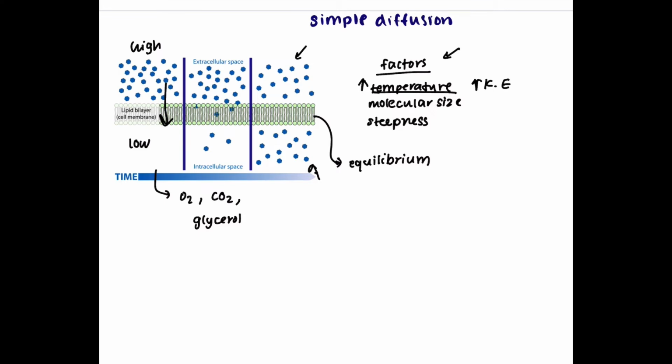Next, we have molecular size. So larger particles, in comparison to smaller ones, are subjected to greater resistance, and therefore will move much slower. Lastly, we have the steepness of the gradient. So the rate of diffusion will be greater if there is a higher concentration gradient.